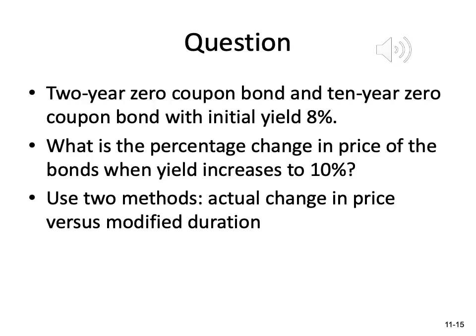So first of all, according to our rules, a zero coupon bond's duration is its maturity. So the 2-year zero coupon bond's Macaulay duration is 2, while the 10-year zero coupon bond's Macaulay duration is 10.